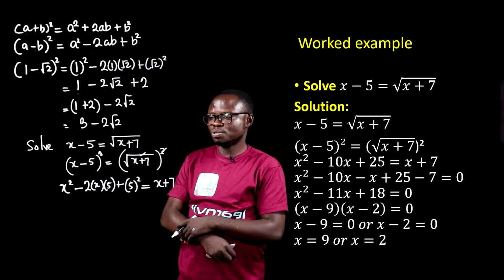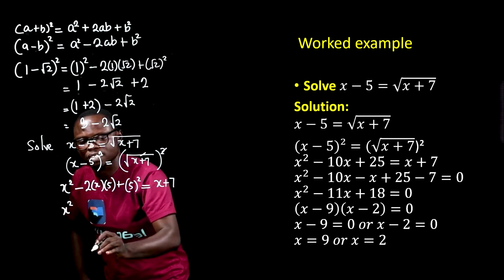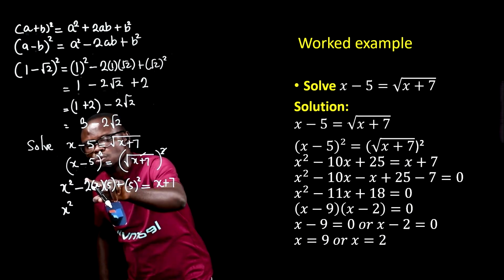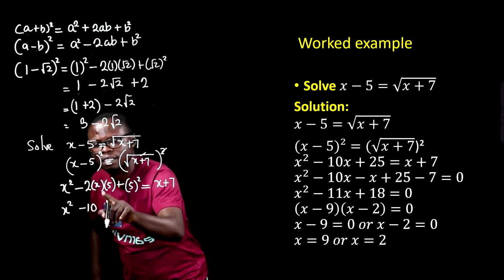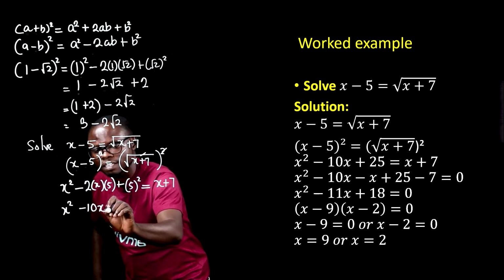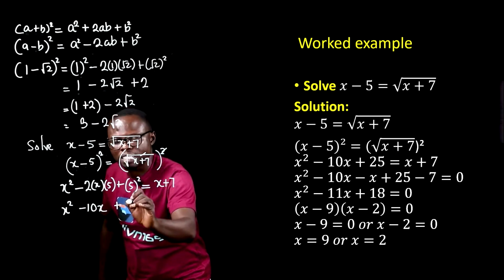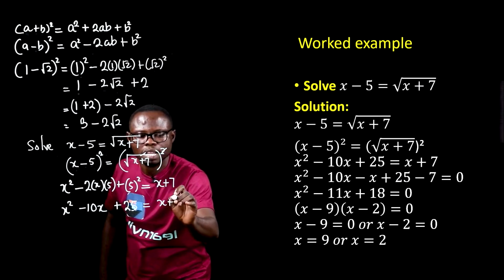Let us continue to simplify. This becomes x squared. Now watch here. We have 2 times x times 5. 2 times 5 is 10, then x is x. Then plus 5 squared is 25. This is equal to x plus 7.